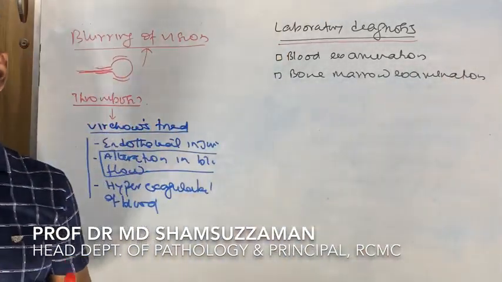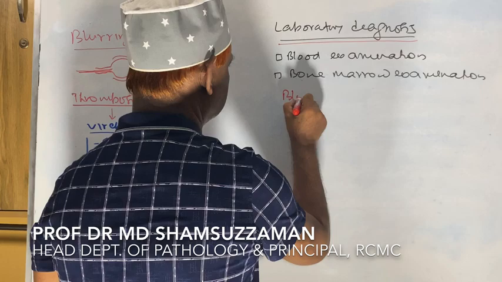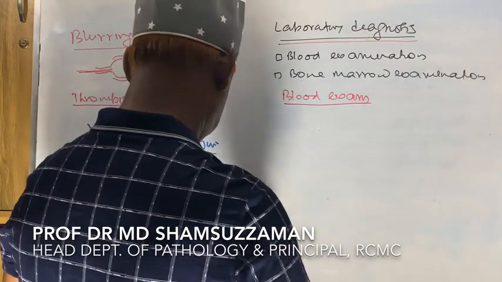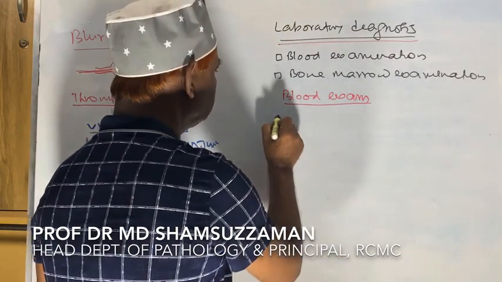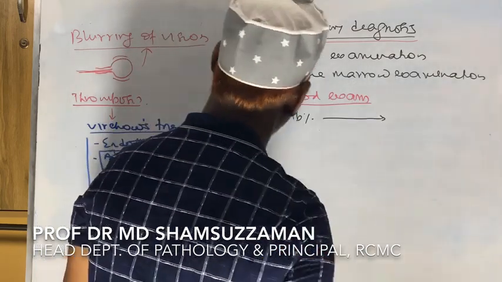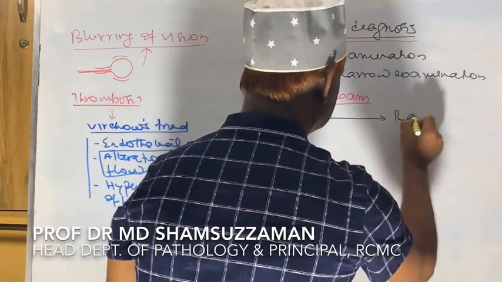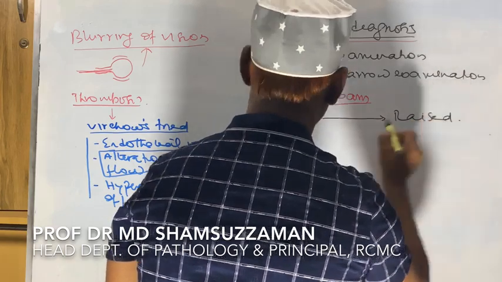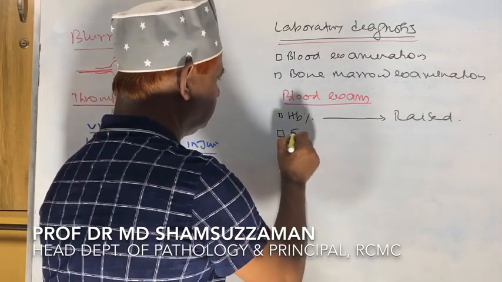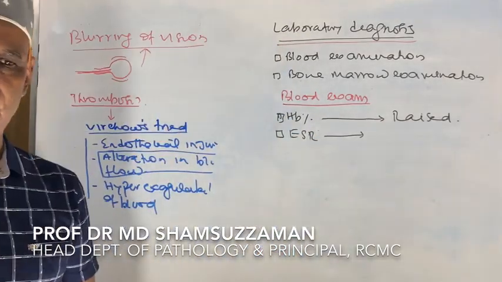Audience, first come to blood examination. First, hemoglobin. Hemoglobin will be raised. Then come to ESR. ESR is 0 or almost 0.